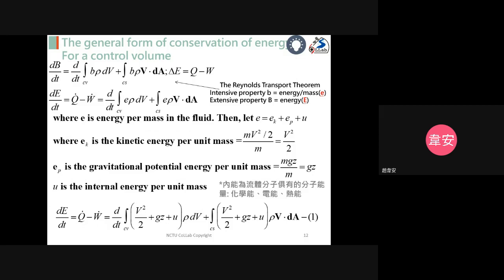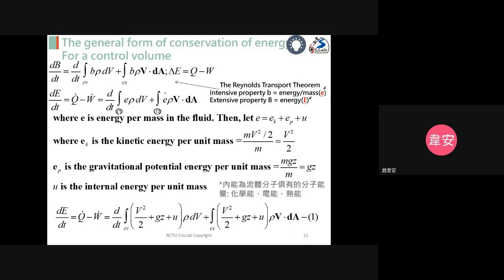Okay, so we notice that our problems are based on the Reynolds transport theorem, and now we are interested in the extensive property E, which is energy here. That means the intensive property B is energy divided by mass, and we use the small e here. So we know that dE/dt is equal to Q rate minus W rate, equal to the energy change in the control volume with time, plus the energy flow exchange around the control surface.